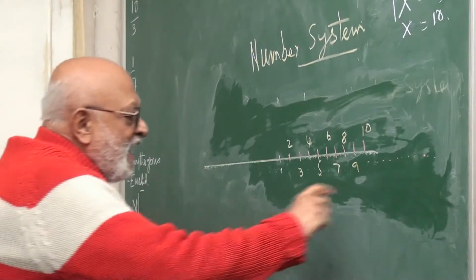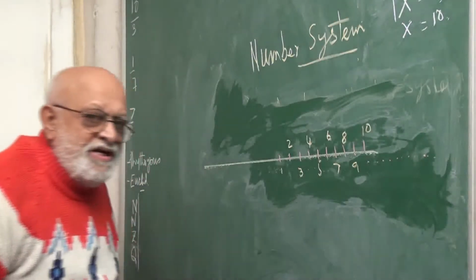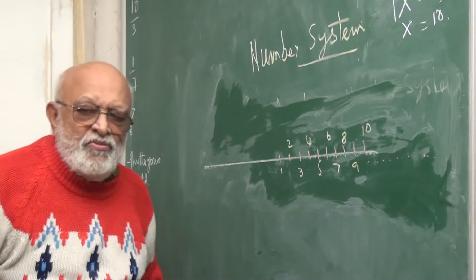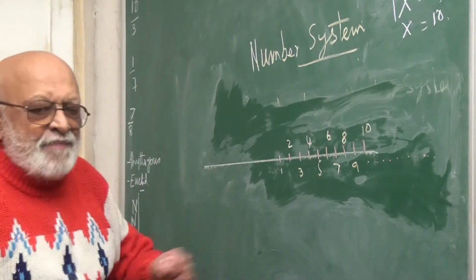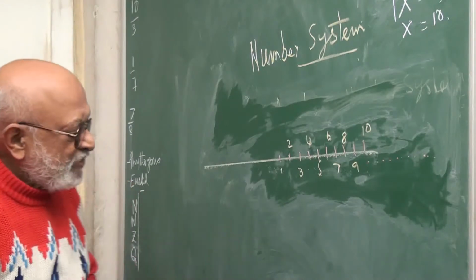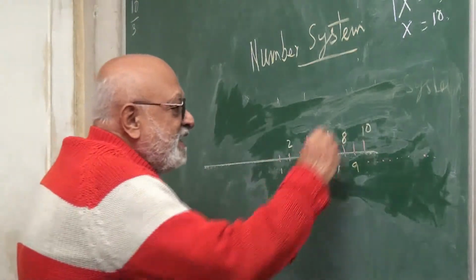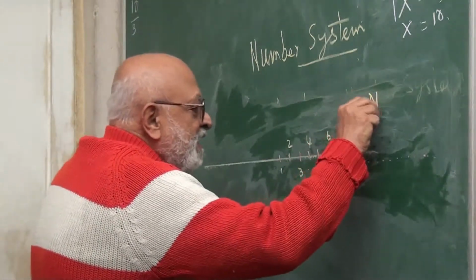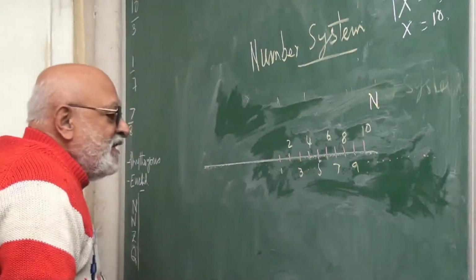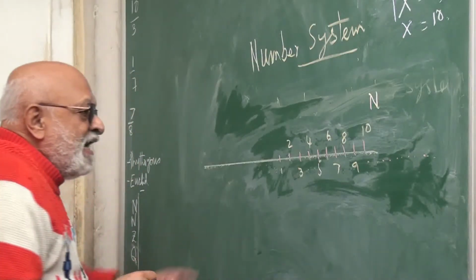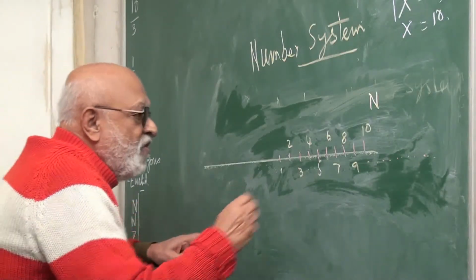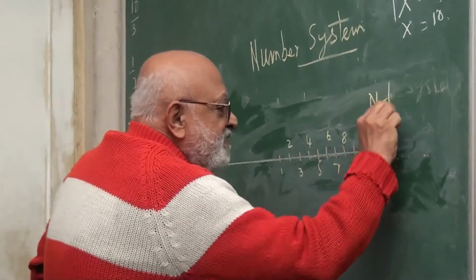So these are called counting numbers, where you count. You want to buy, say, 10 apples, so you will count 10 apples, okay? So this is indicated as n. And so on this, if you add, these are called natural numbers.